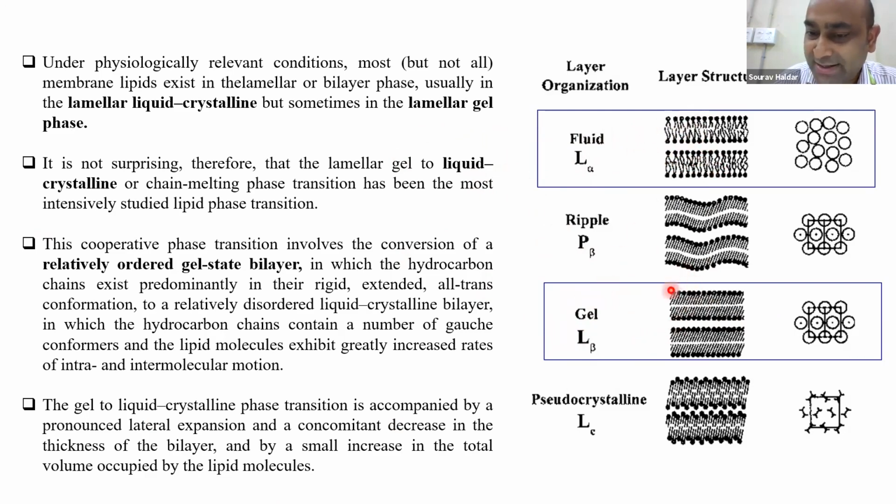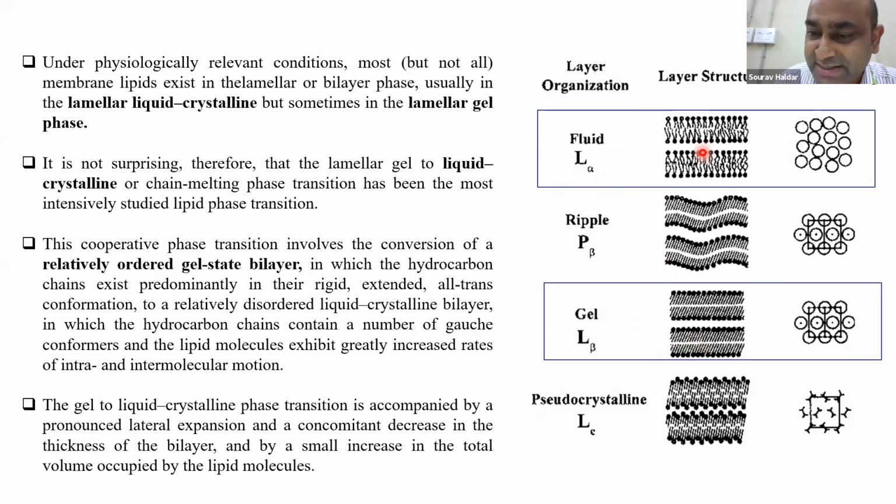On the other hand, if we slightly lower the temperature, the lipids find themselves in a different phase, known as the gel phase or L-beta phase. In other words, it's also known as an ordered phase. So the L-alpha phase is also known as a disordered phase, and the L-beta phase is known as an ordered phase.